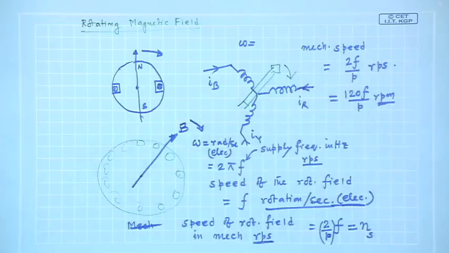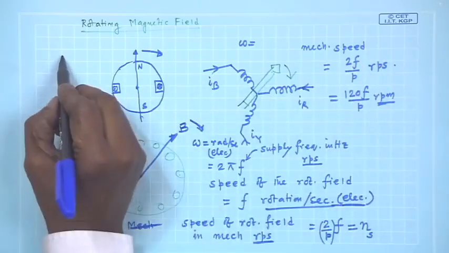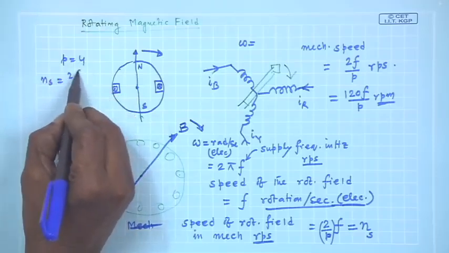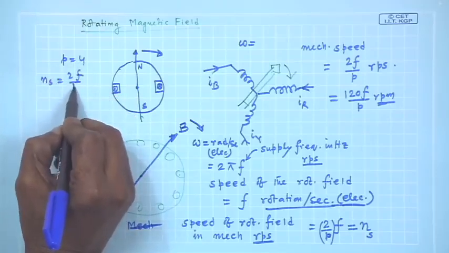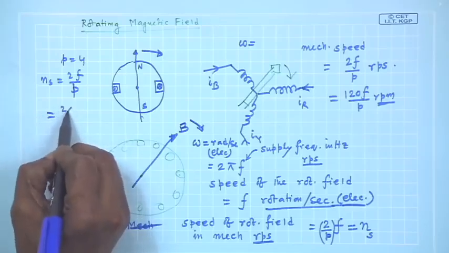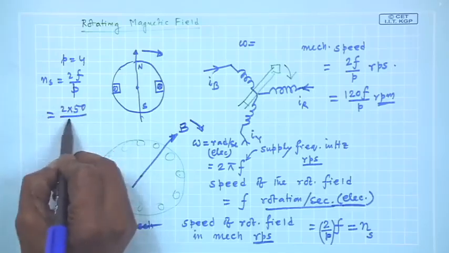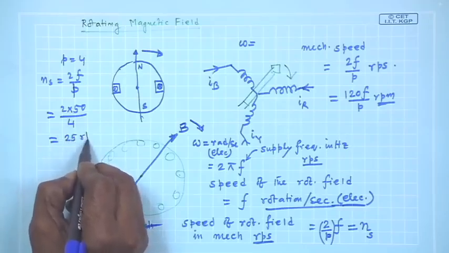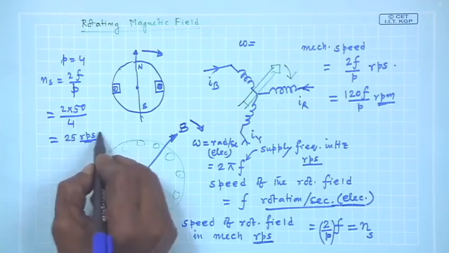If p equal to 4, ns which is equal to 2 f by p, and f in our country is 50. So, 2 into 50 by 4, so it is equal to 25 RPS mechanical speed.